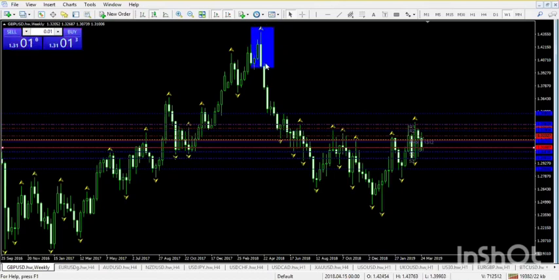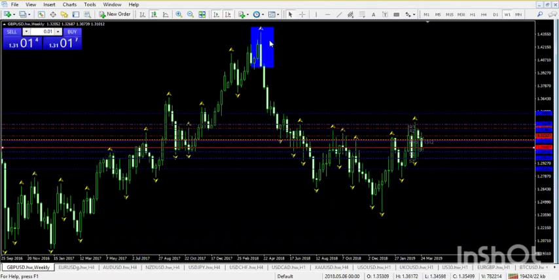So memorize this candlestick. When your candlestick looks like this, the body is big and the shadow is smaller compared to the body, and it's at the top of your trend, it causes a downward movement.